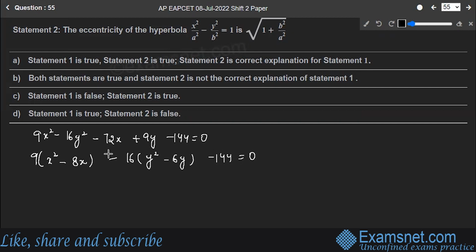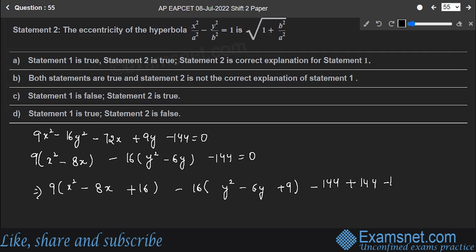So solving it further, you can say 9 times x squared minus 8x plus 16, minus 16 times y squared minus 6y plus 9, minus 144 plus 144 minus 144 is equal to 0. Now what happened over here was I have added 144 at this point and I have subtracted it from here. Similarly, I have subtracted 144 in this second part and I have added 144 over here.